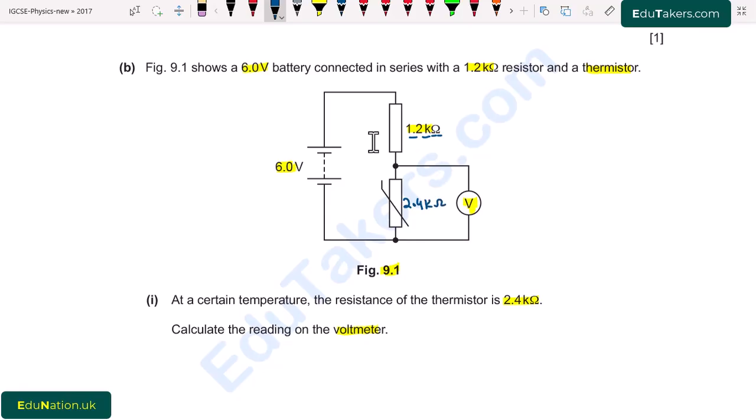So first of all, we have to find out the equivalent resistance of both of these components. It will be equal to R equivalent. We can see here that both of these components are in series, so the resistance of the overall component will be the sum of the individual components. So it will be R resistor plus R thermistor.